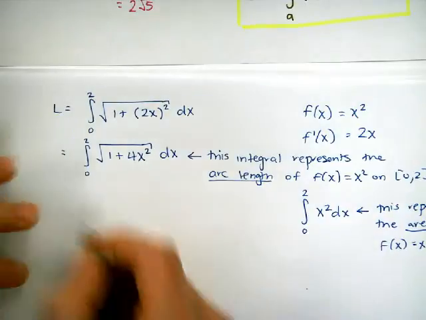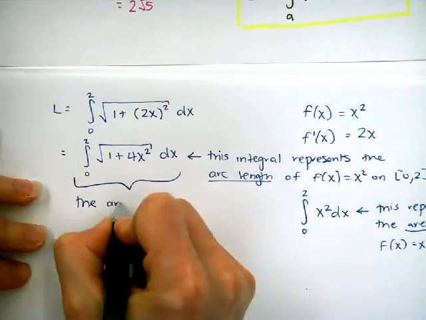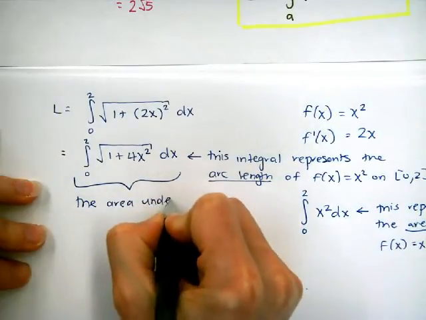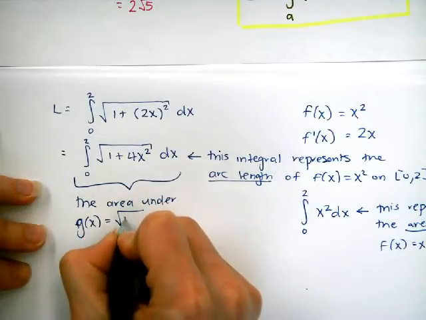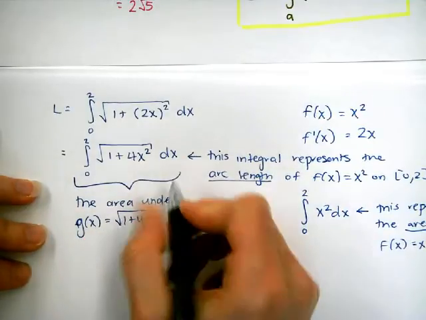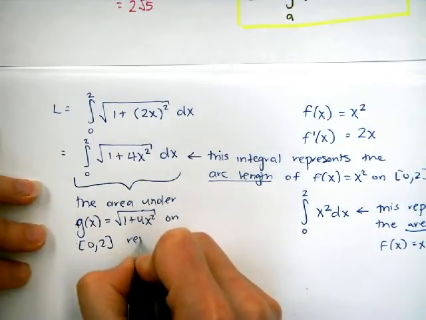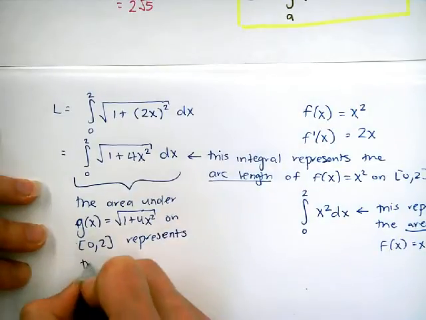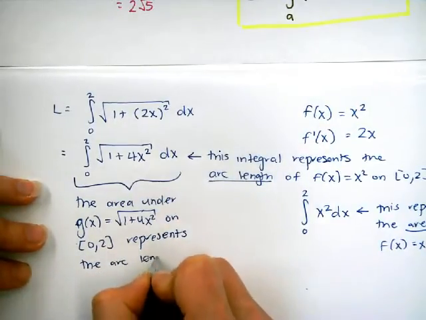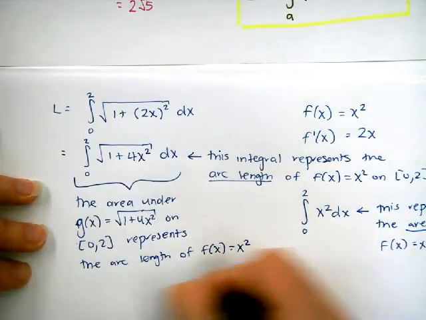This is going to seem a little weird, but basically the area under this curve, I'll call it g of x because we already used f of x, on the interval from 0 to 2 represents the arc length of the function x squared on 0 to 2.